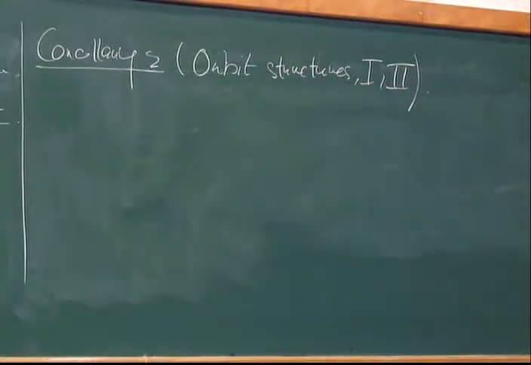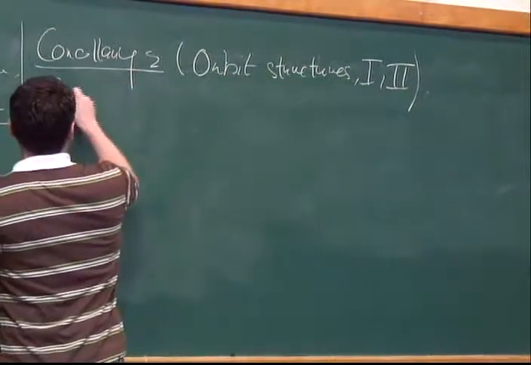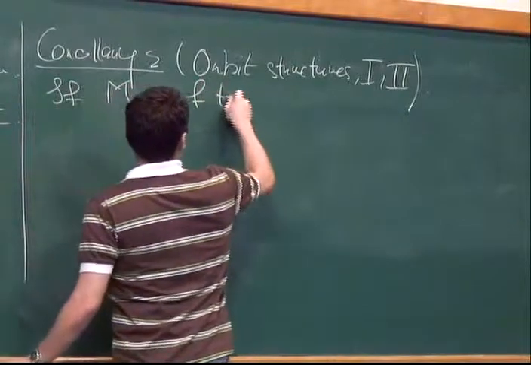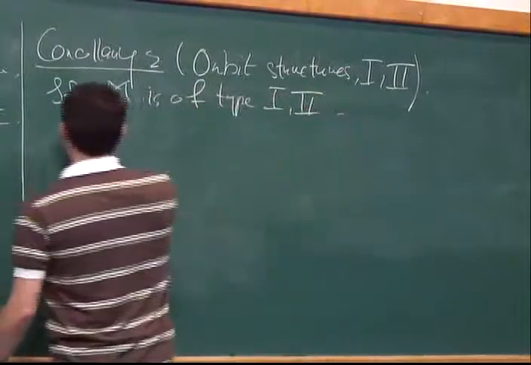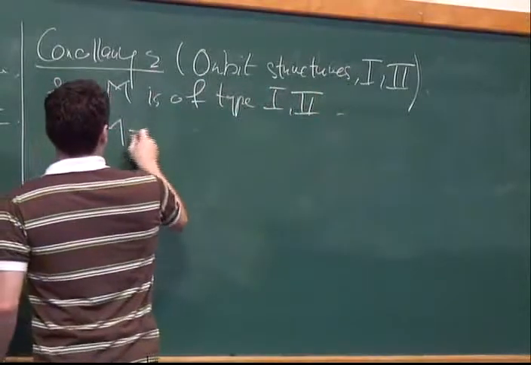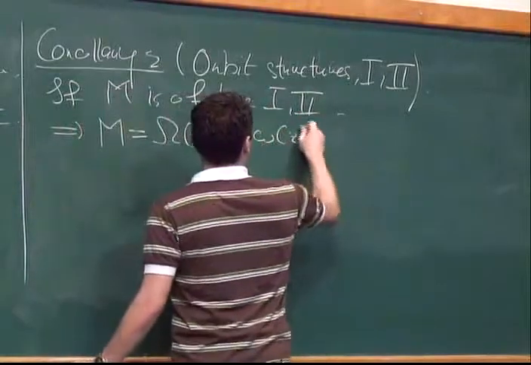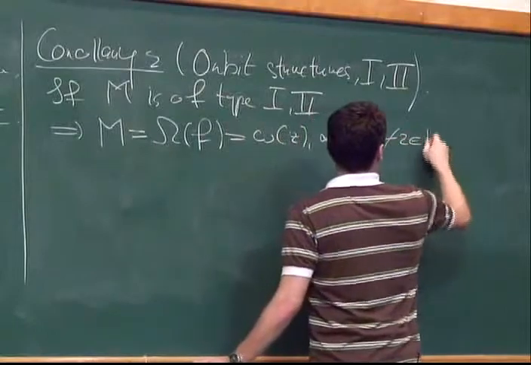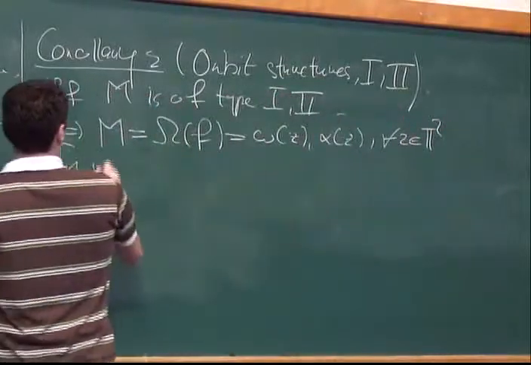That's still true in type 1 and type 2 in dimension 2 here. So if your minimal set M is of type 1 or type 2, then M equals the non-wandering set. It equals the alpha and omega limit set for every z in the torus. In particular, M is unique.